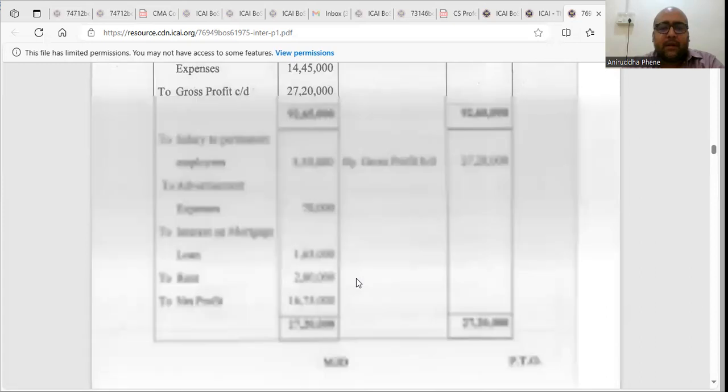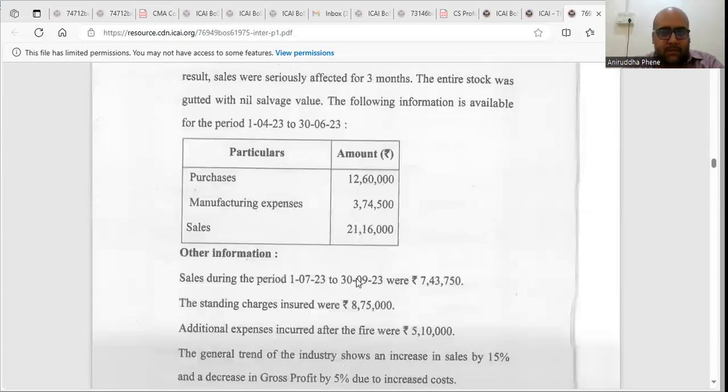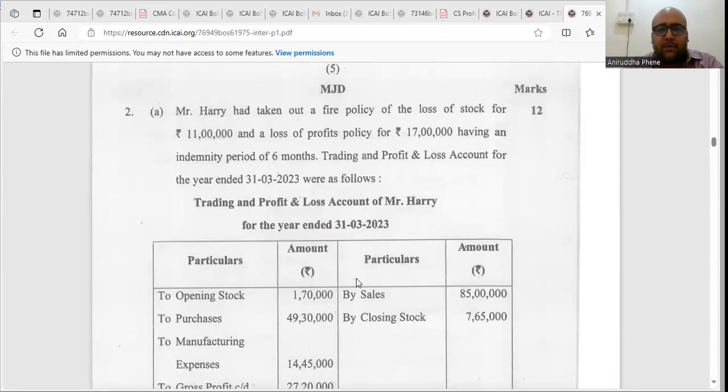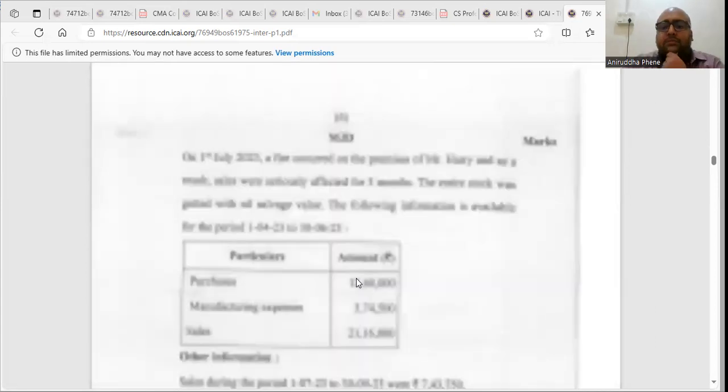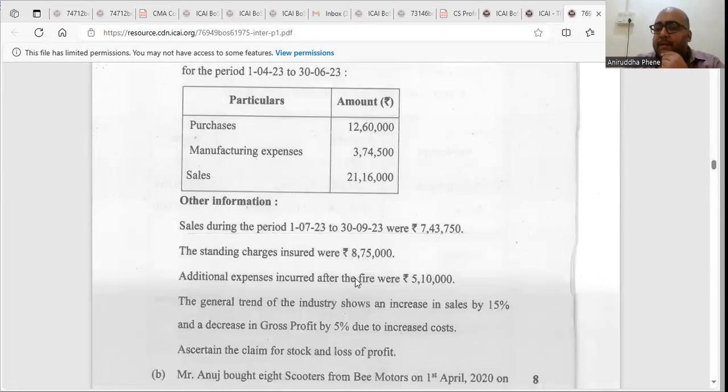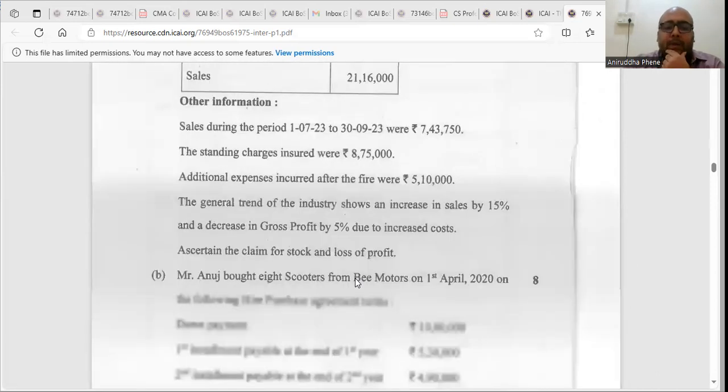I think it seems to me manageable. Normally, I tell students to leave insurance topic, especially this loss of profit sums are a little tricky.